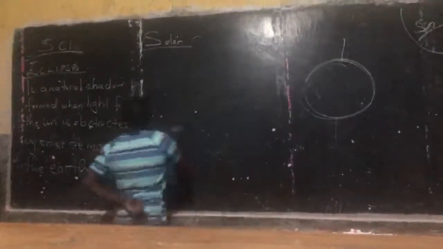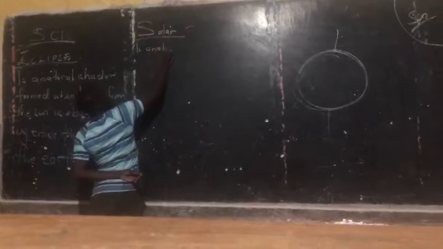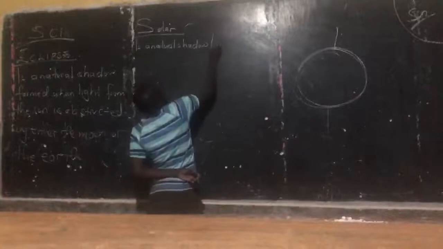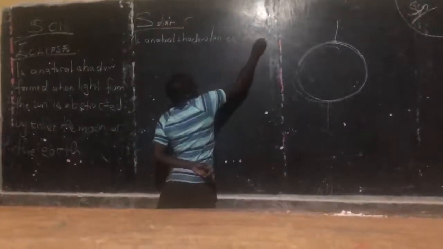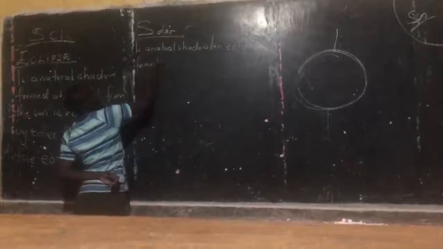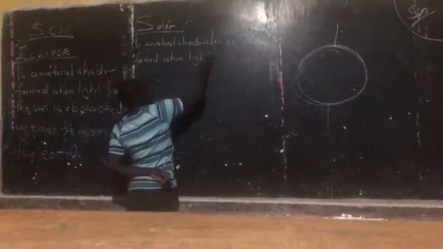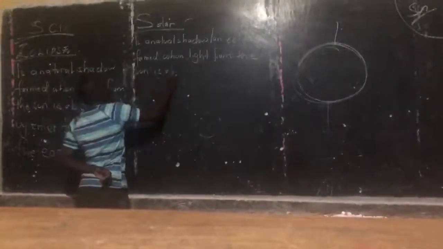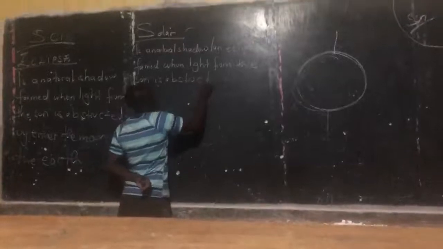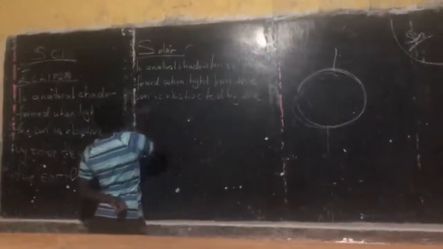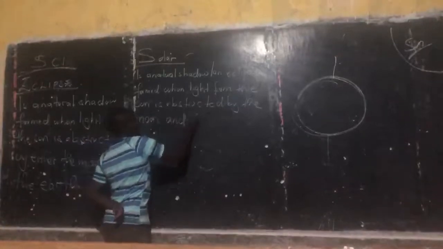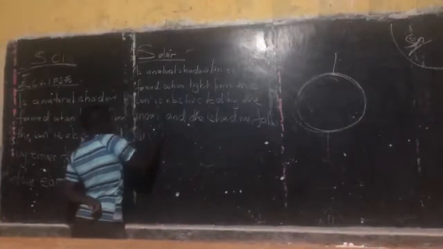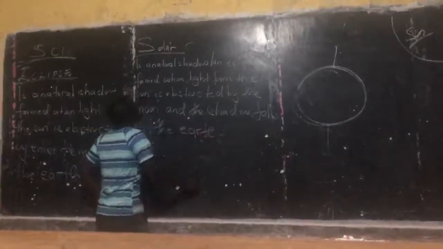The solar eclipse is a natural shadow formed when light from the sun is obstructed by the moon and the shadow falls on the earth.